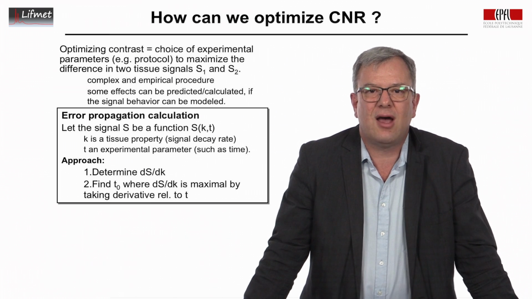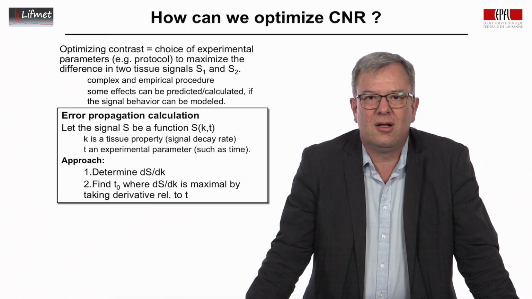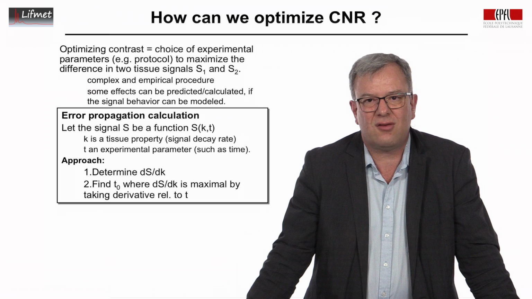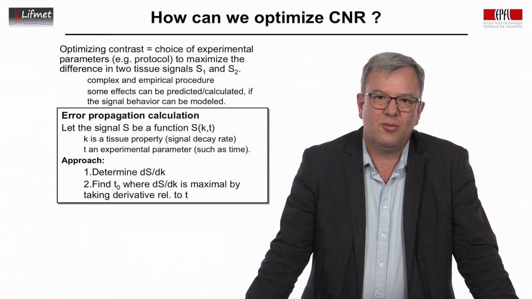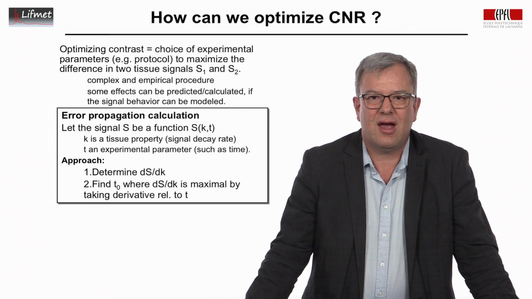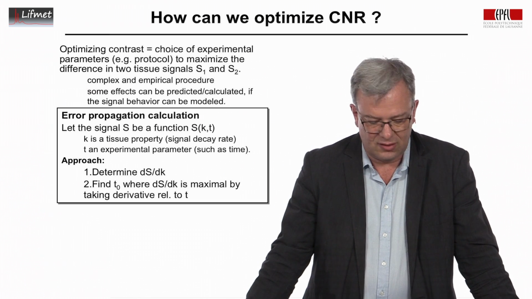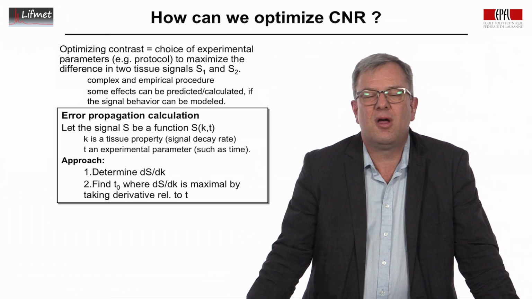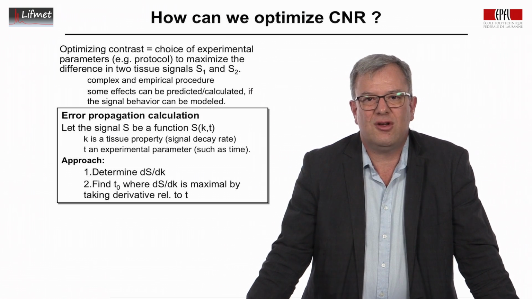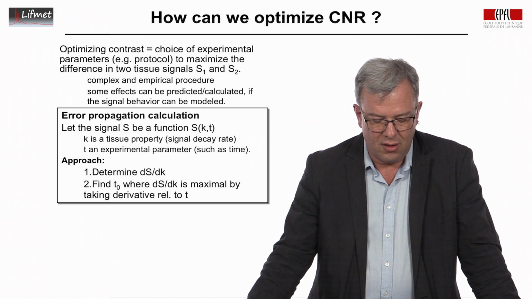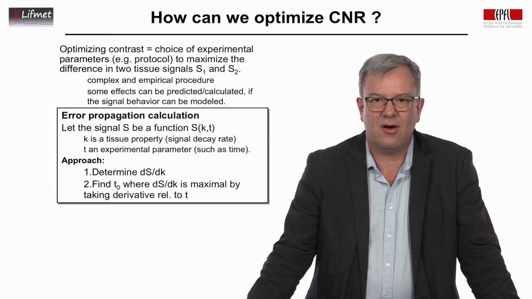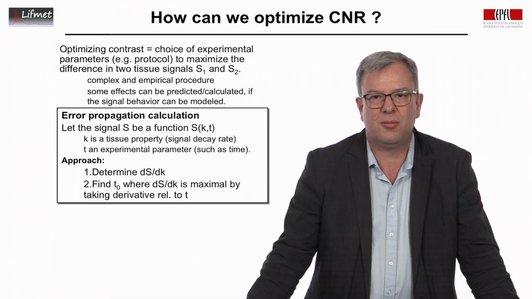And then we want to find out where it is maximal. Because if we know that the signal change is maximal with respect to the tissue properties k, then we know we have the best possible contrast to noise ratio. And to find that maximum, we use standard calculus, and we take the derivative of dS over dk, this function, with respect to t, the experimental parameter.